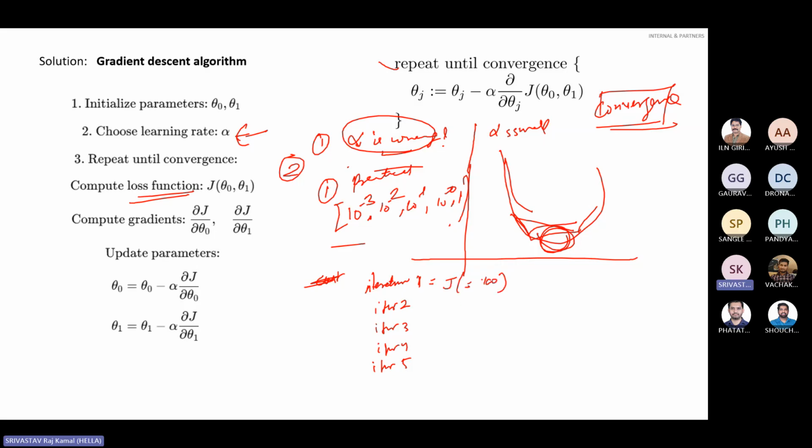Iteration 2, it was 99.9, then 99.98, 99.97. Initially I keep running hundreds or thousands of iterations.